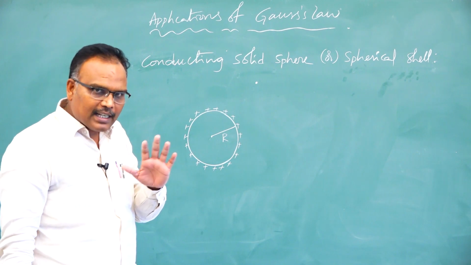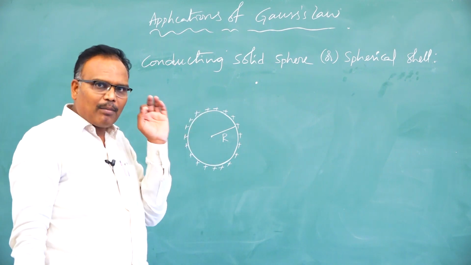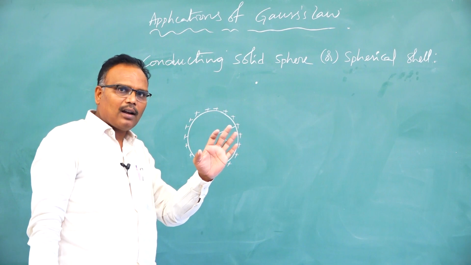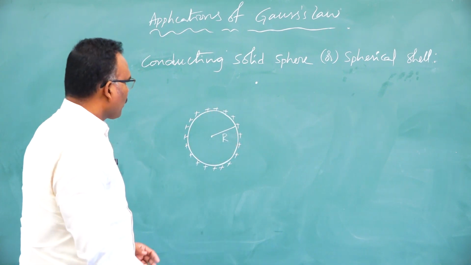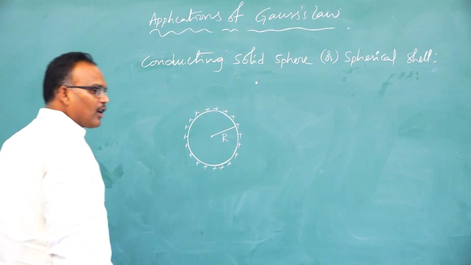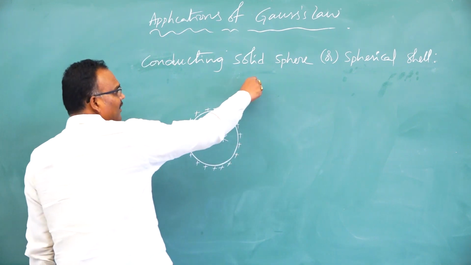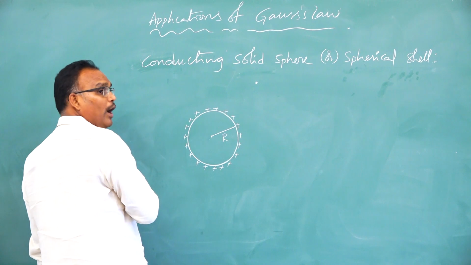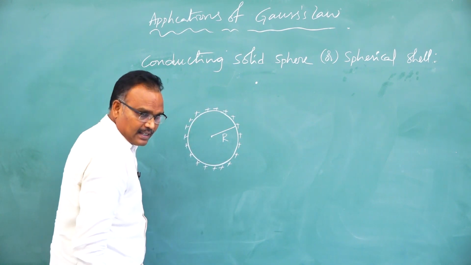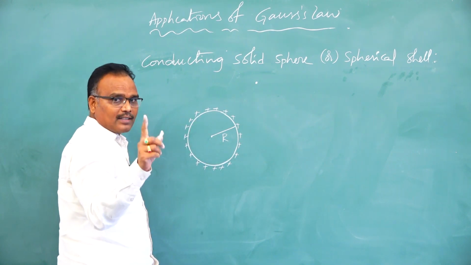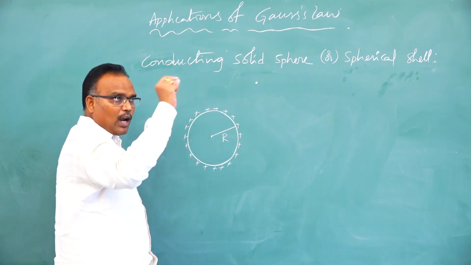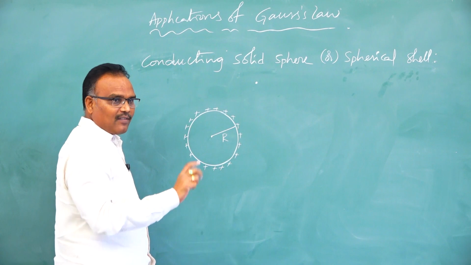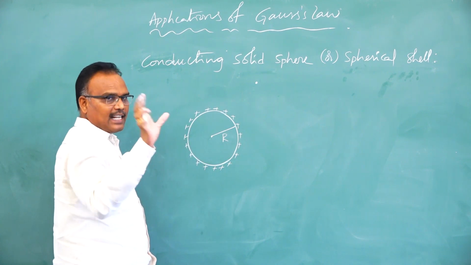To calculate easily we are giving some conventions for the Gaussian surface. First point to remember is, if you can draw a Gaussian surface in such a way that at any point on the Gaussian surface the electric field magnitude is constant, the same at every point, then it is easy.